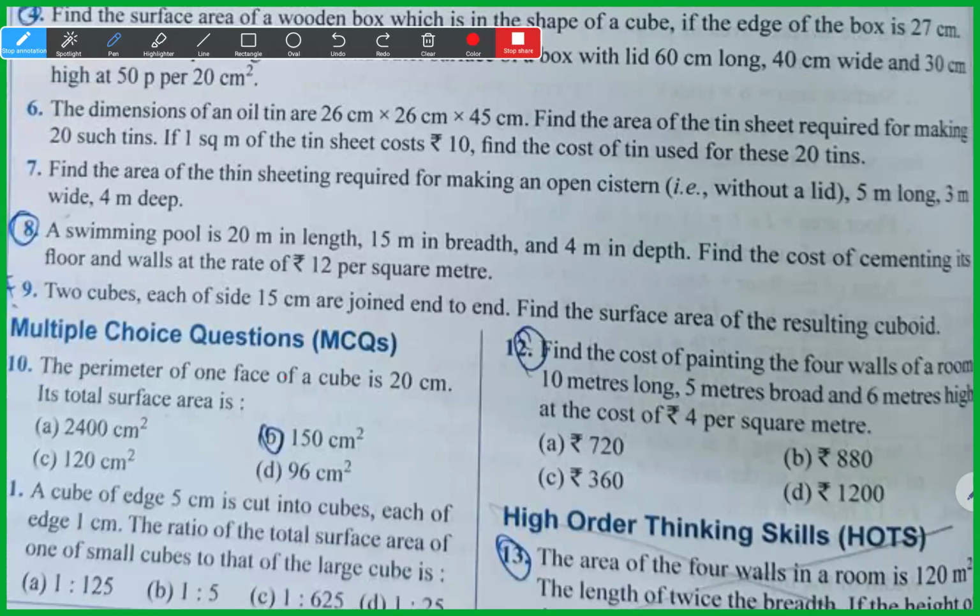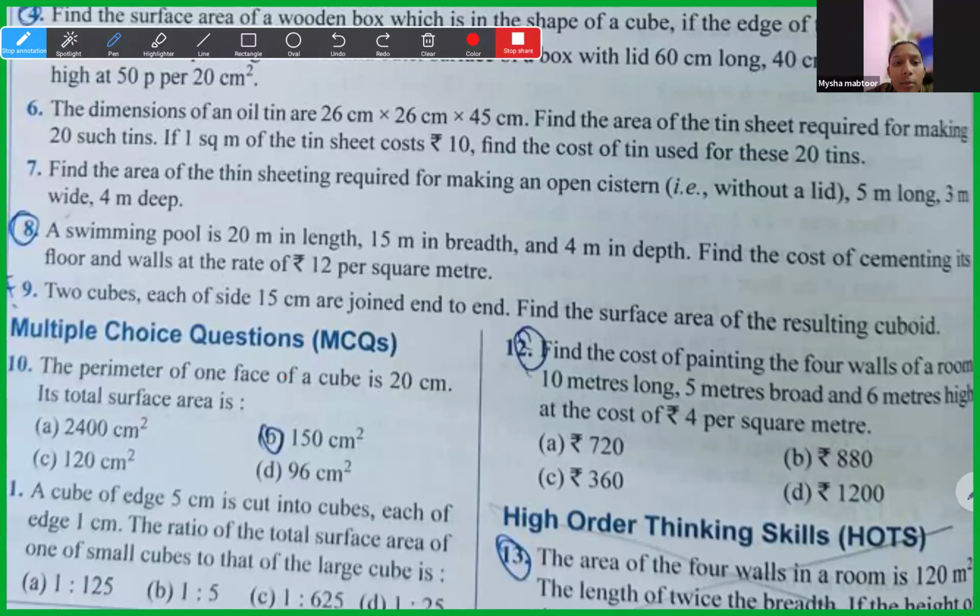The dimensions of an oil tin are 26 centimeters into 26 centimeters into 45 centimeters. Find the area of the tin sheet required for making 20 such tins. If 1 square meter of the tin sheet costs rupees 10, find the cost of tin used for these 20 tins.